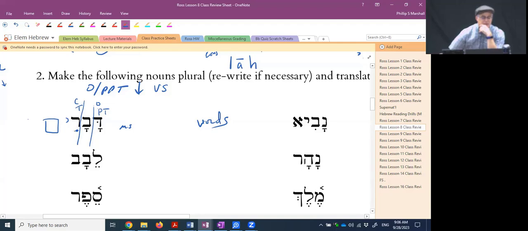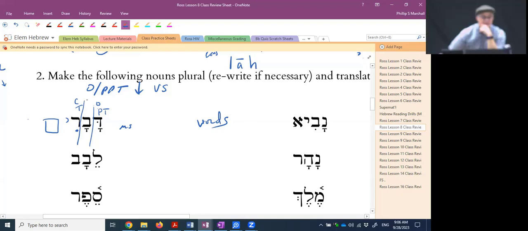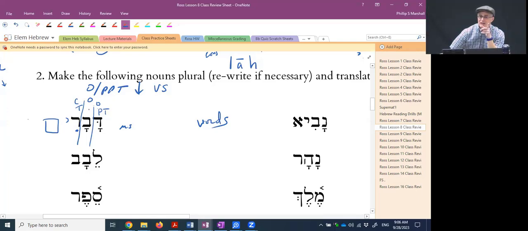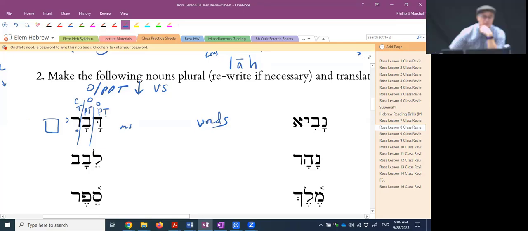So now the resh goes with the hireq yod mem. Is that closed and tonic? Yes. The middle syllable is now open and pretonic. It used to be closed. It was var, but now it's va. And the first syllable is still open, but it's not pretonic anymore. It's propretonic.